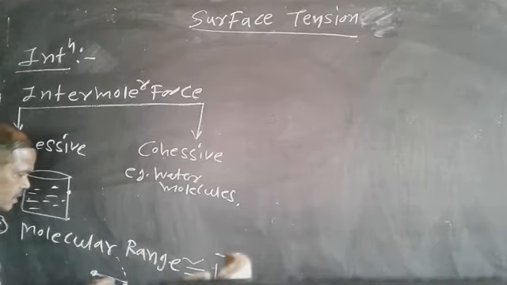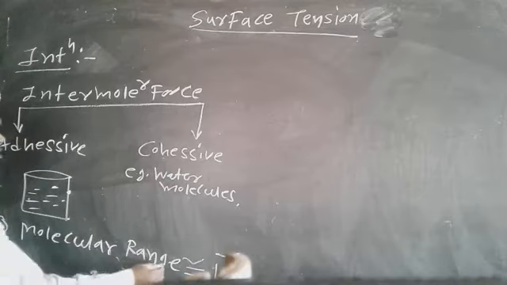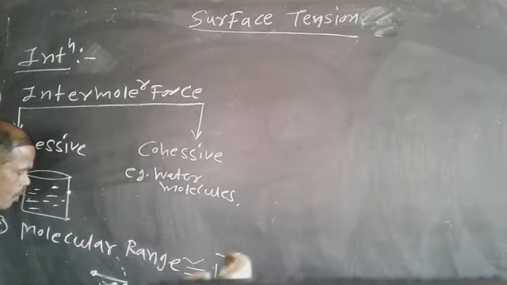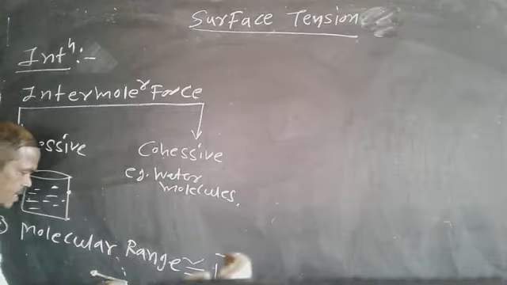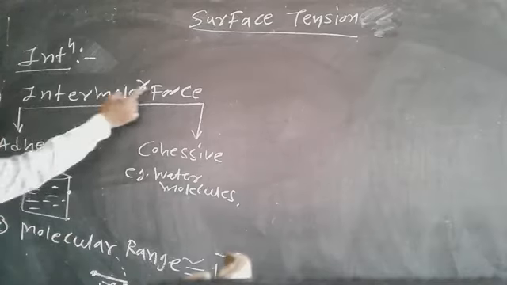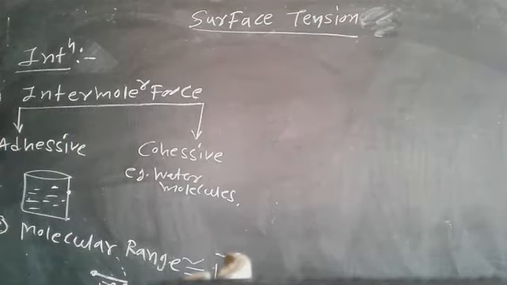So this distance is called as molecular range, and it is of the order of 10 raised to minus 9 meter. So this maximum distance up to which intermolecular forces are effective is called as molecular range.